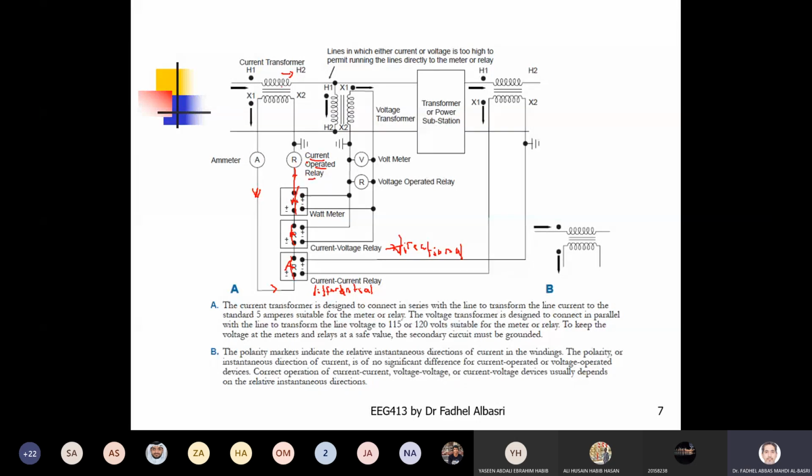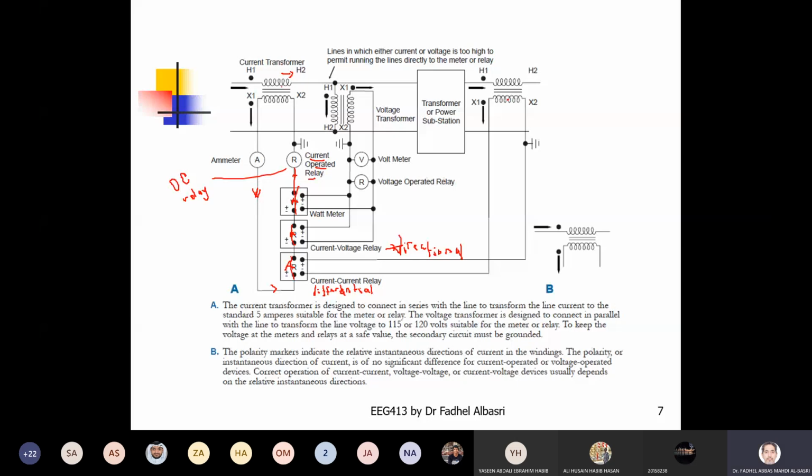One example of this is the overcurrent relay. I'll have one full chapter on overcurrent relays. Don't worry about this. I have a chapter on this, a chapter on that, so we'll go into details.